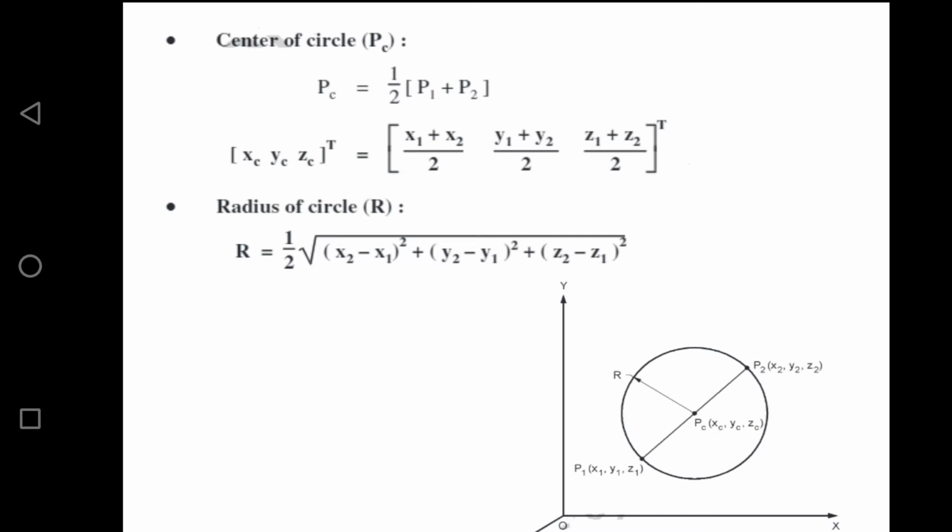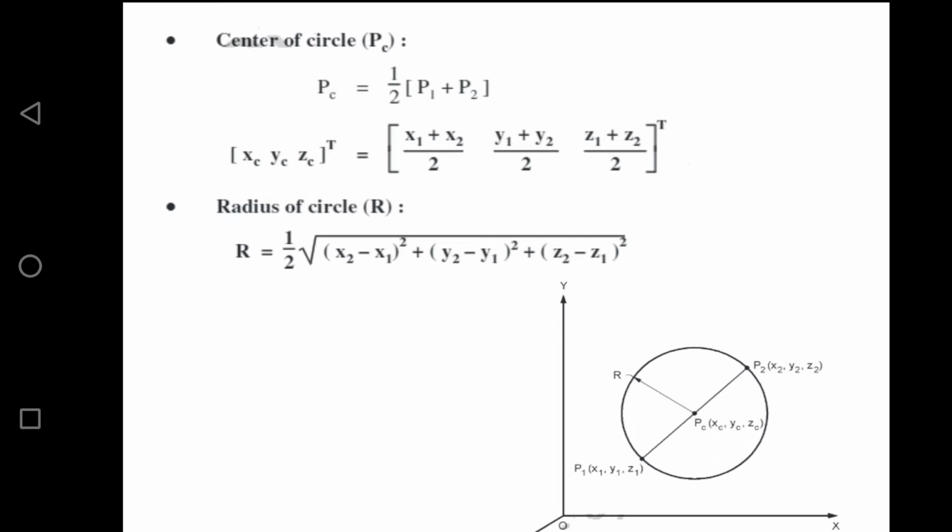So for the center of a circle, consider a straight line which connects 2 points on the circle, P1 and P2 having coordinates x1, y1, z1. The center point of this line, or center point of the circle, is PC having coordinates xc, yc, zc, and it has a radius of r.